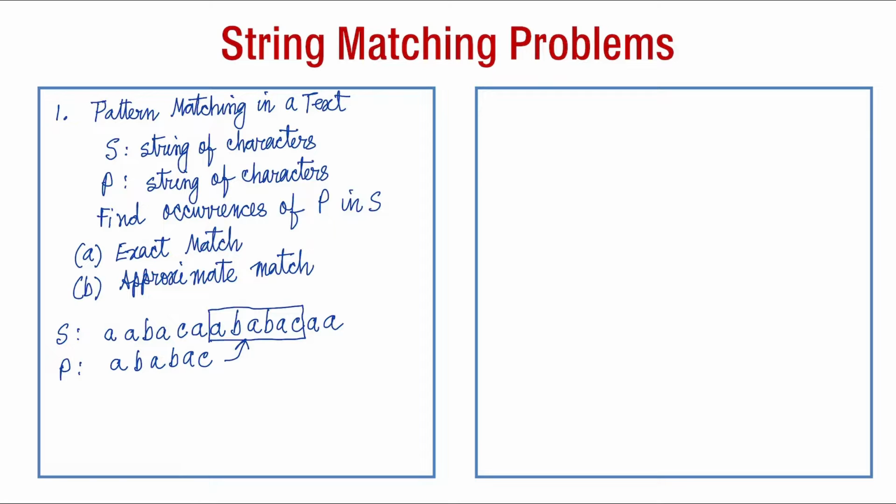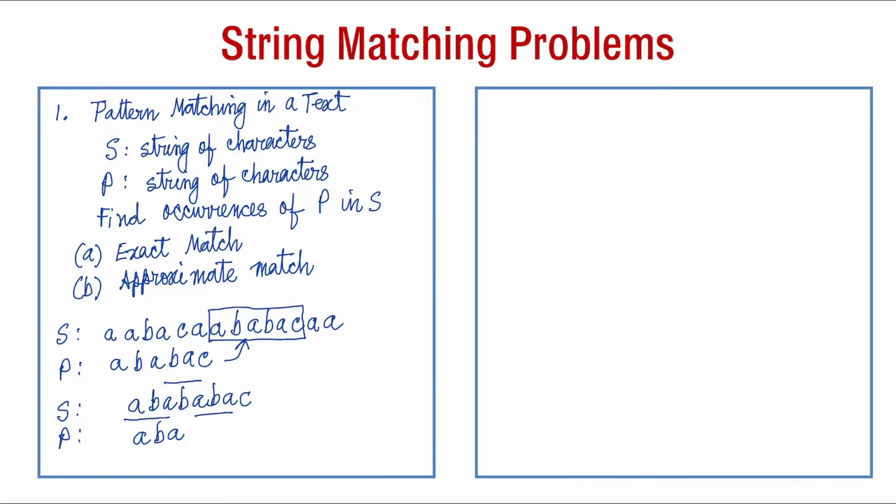There could be multiple occurrences. For example, if S was A, B, A, B, A, B, A, C, and my pattern was A, B, A, you can see that there are multiple overlapping combinations where the same string occurs.